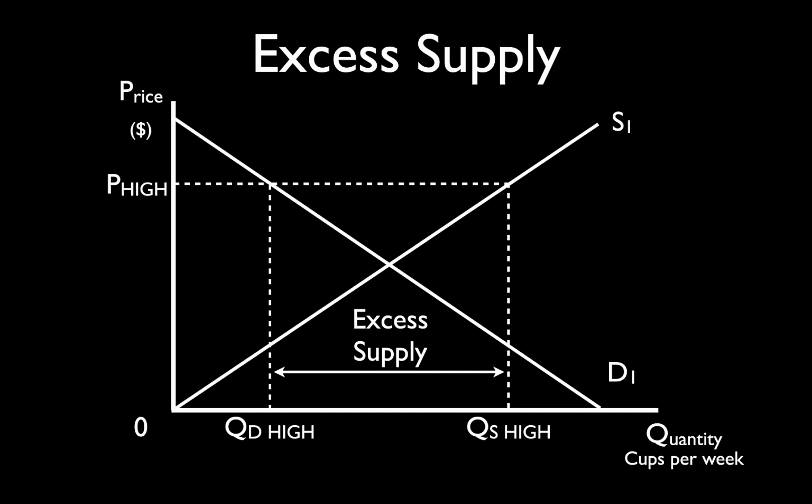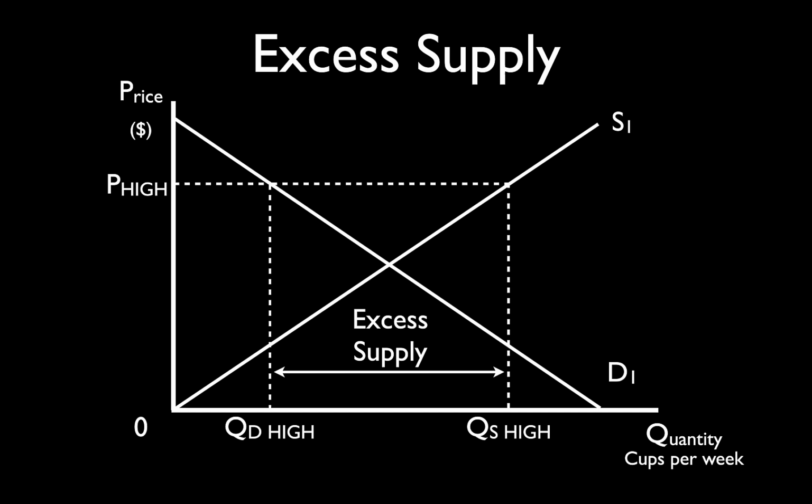Now, they will realize that they have to lower the price in order to incentivize buyers to increase the amount that they buy, and as such that will allow them to reduce their overly high levels of stock.